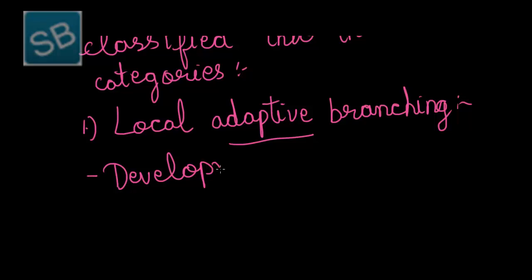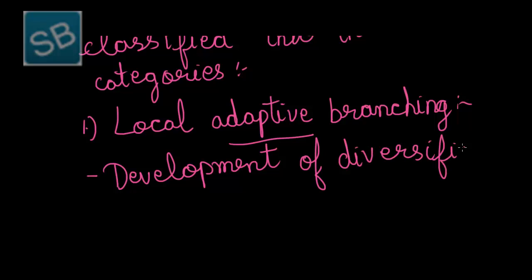Thus, in this type, the development of diversification or diversified organisms occurs in a largely distributed population.